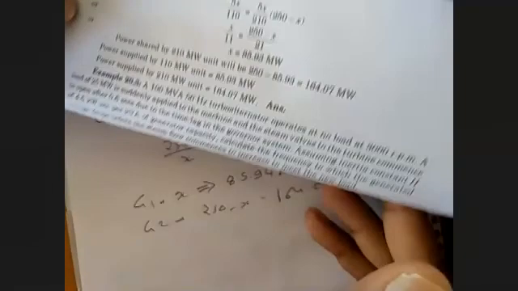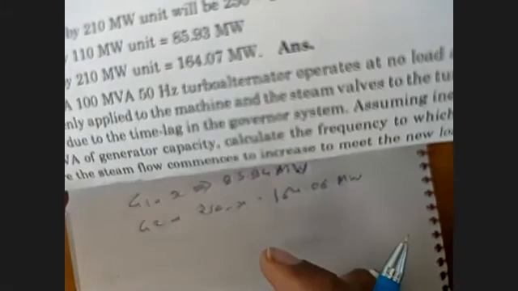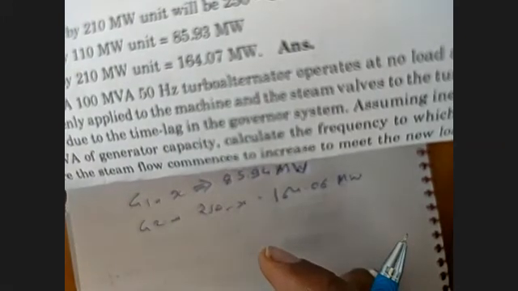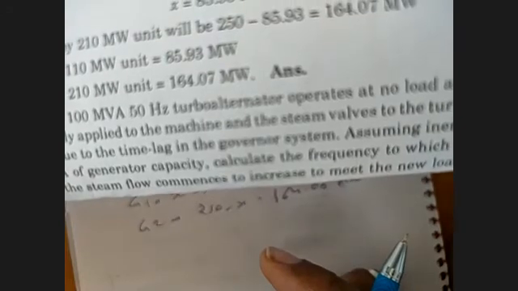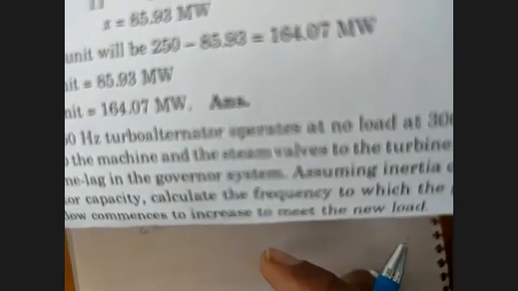So one more numerical I am giving to you. A 100 MVA 50 Hertz turbo alternator operates at no load at 3000 RPM.